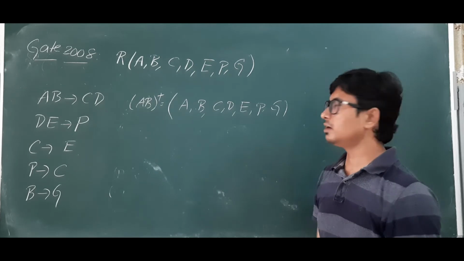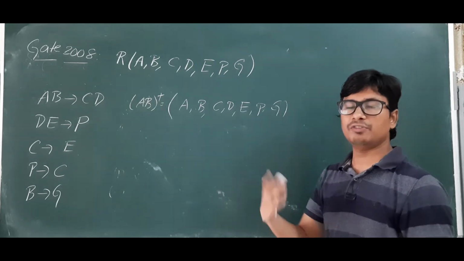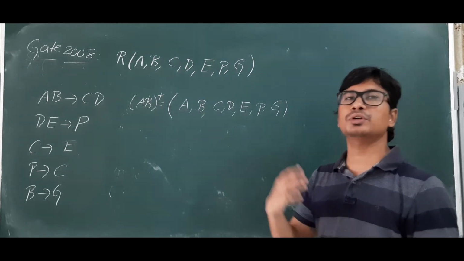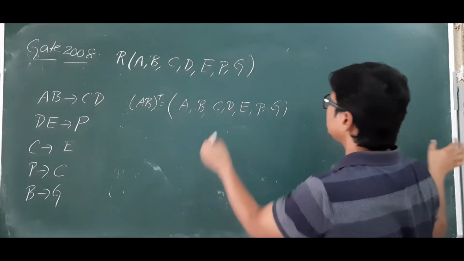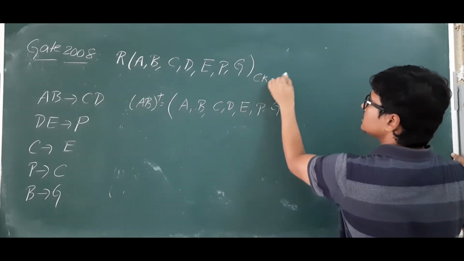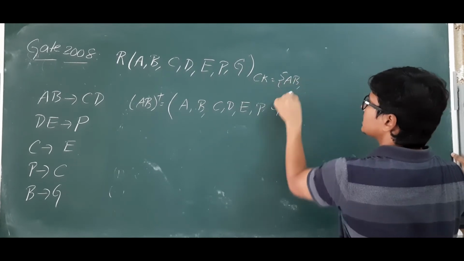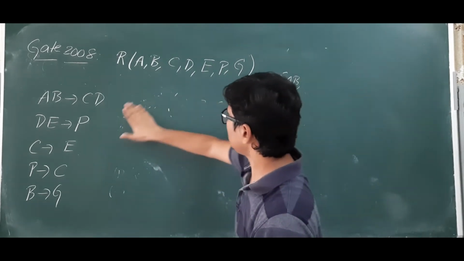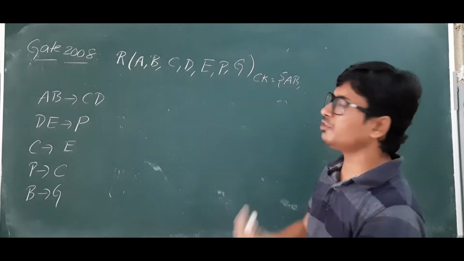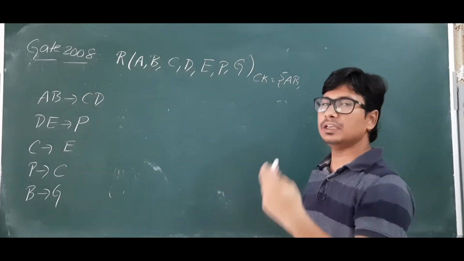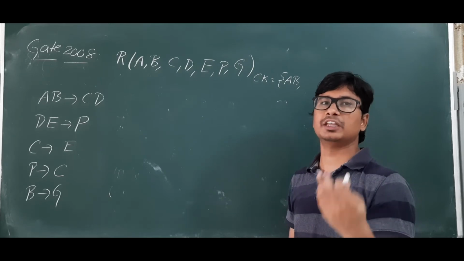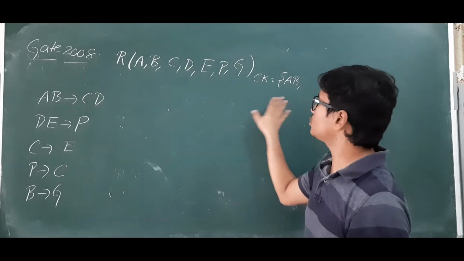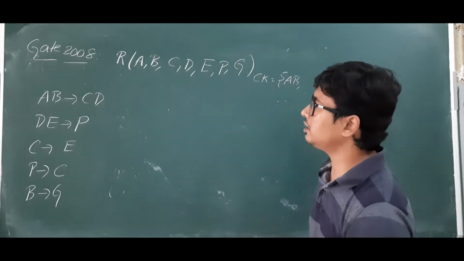We will check it. How many candidate keys are possible? For a relation, you can have more than one candidate key. So we will write the candidate key as AB, and write the set. Now the combinations with AB, like ABC, ABD, ABE, will act as super keys, but they are not candidate keys, so those combinations we can eliminate.